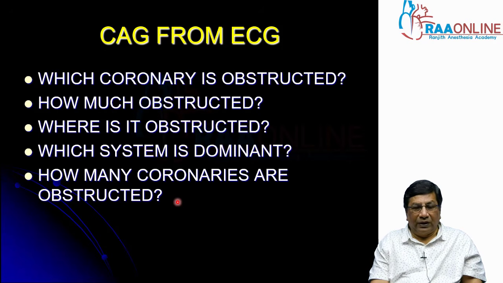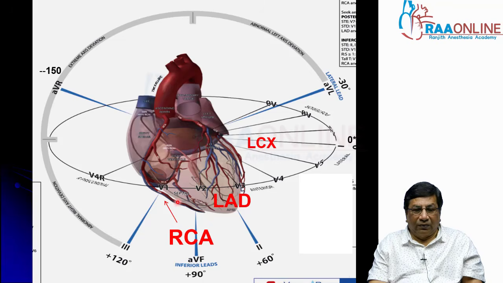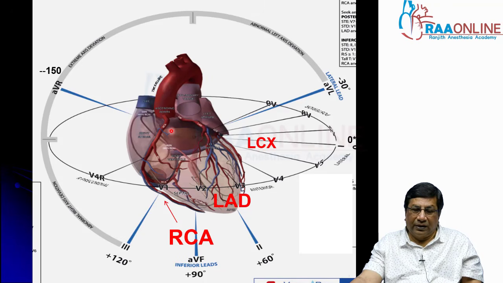So, having known ST elevation myocardial infarction, the first important question to be answered is which coronary is obstructed. For that, we must know the coronary distribution and what territory that particular coronary artery is supplying. We start from the right coronary.